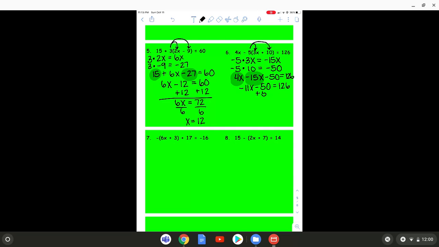So to get rid of that -50, I'm going to use addition to cancel out my subtraction, and I'm going to add 50 to both sides. Those will cancel out to equal 0. And I have -11x is equal to 176. To get x by itself, I'm then going to divide by my coefficient, which in this case is -11.